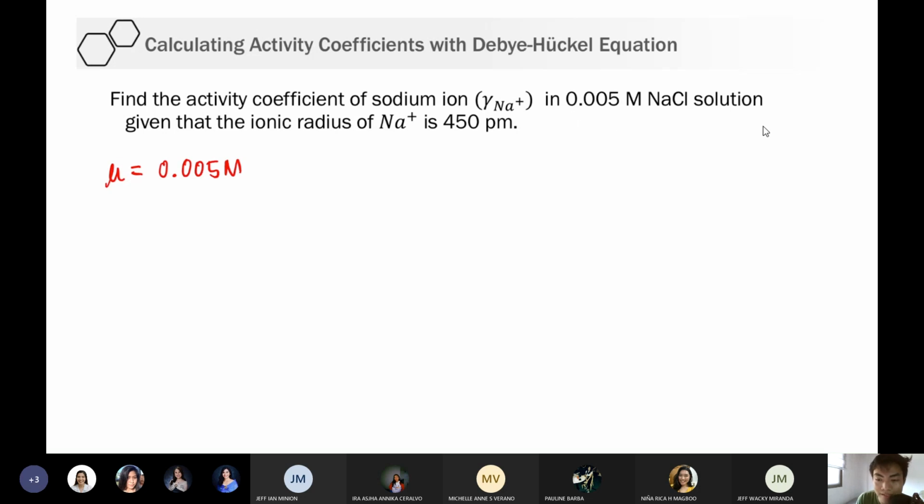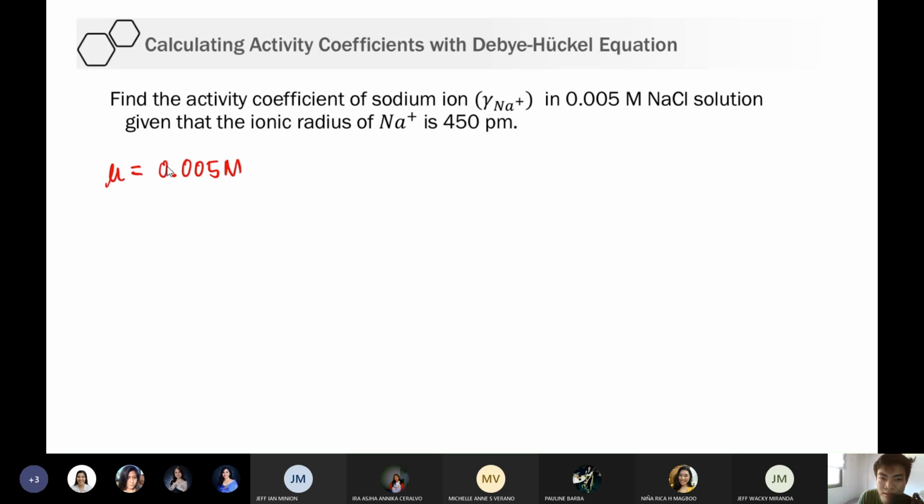You can do that mentally, no? If you want to double check, you can use the equation for ionic strength, but you will end up with this answer. I assure you this is correct. So our ionic strength is 0.005.